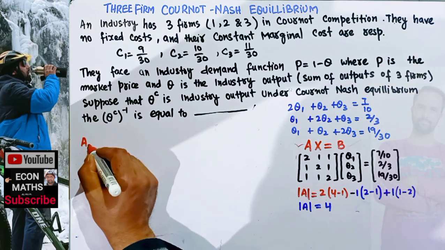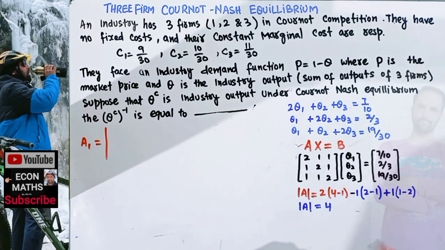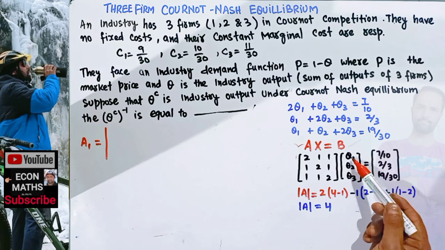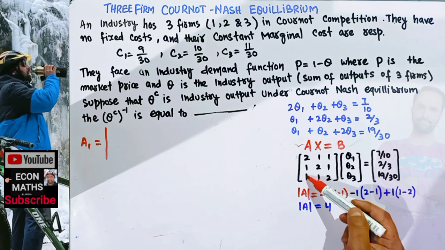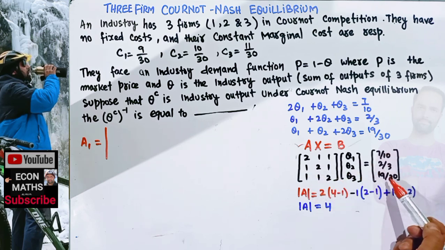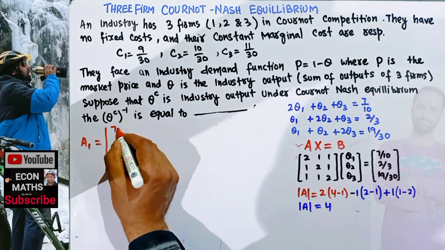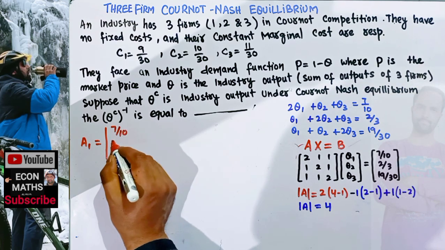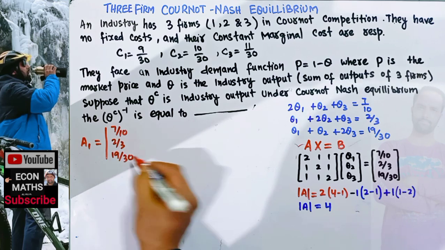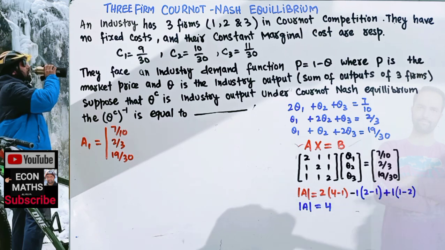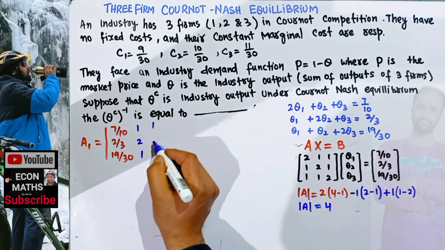We form a new matrix, let us denote it by A1, such that we replace the first column of this matrix with the vector of constant terms. So in place of 2 1 1, we write the vector of constant terms, that is 7 upon 10, 2 upon 3 and 19 upon 30, and other stuff remains the same, that is 1 2 1. Then we have 1 1 2.